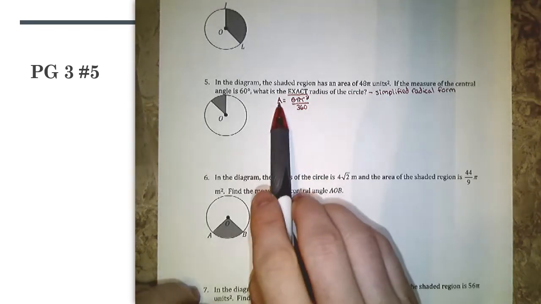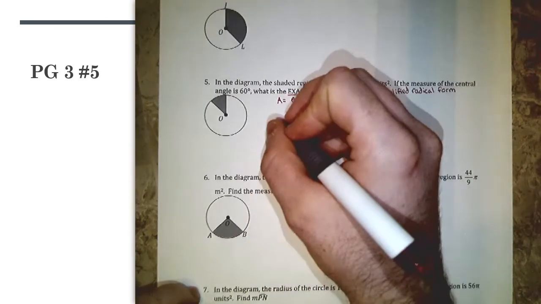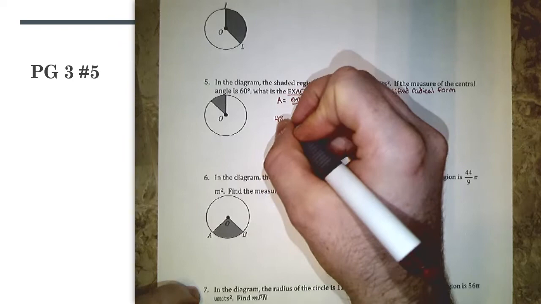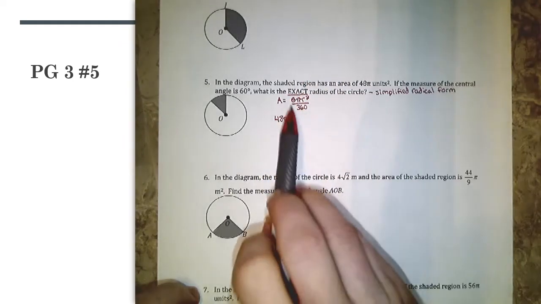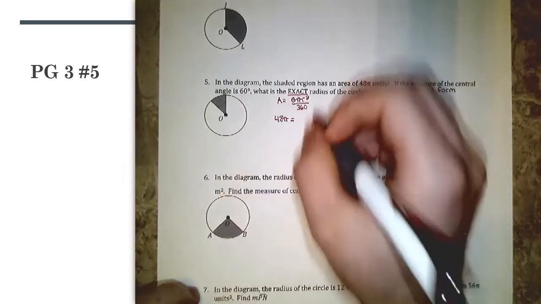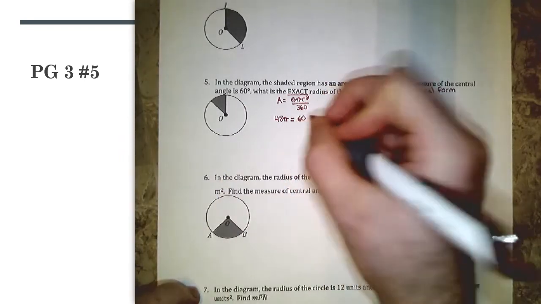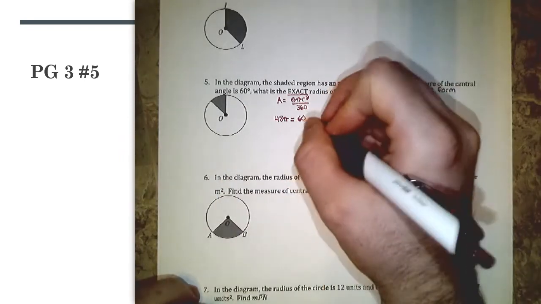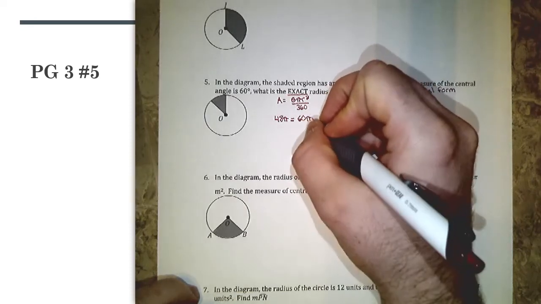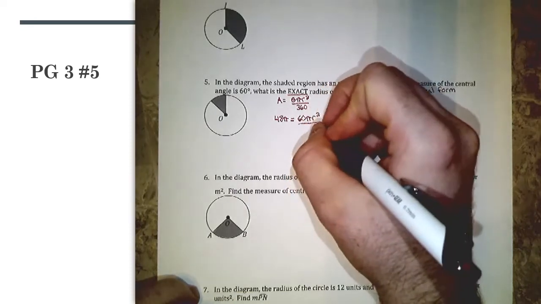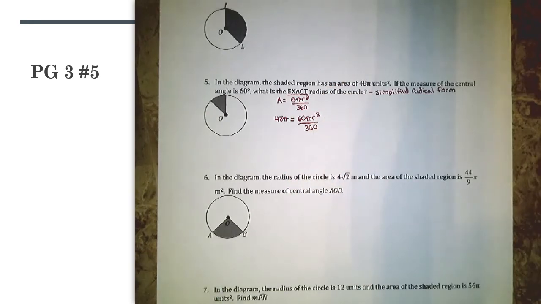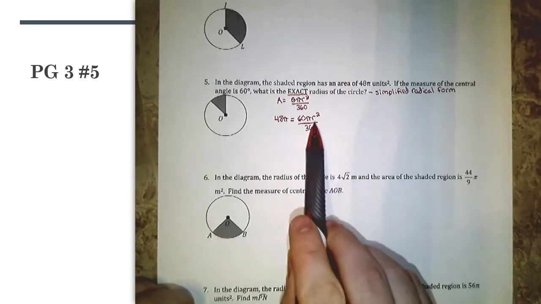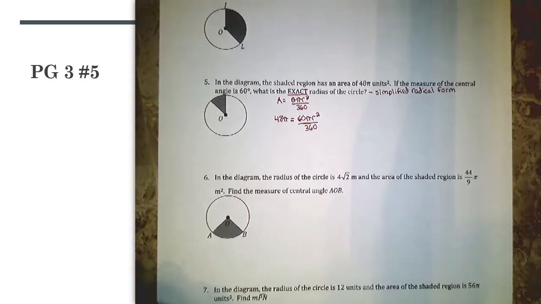So instead of the A, I would have 48 pi. And that's going to equal, now they told us the angle. They told me that it was 60 degrees. So 60 pi r squared all over 360. Because remember, we're trying to find the radius. We're trying to find this here.